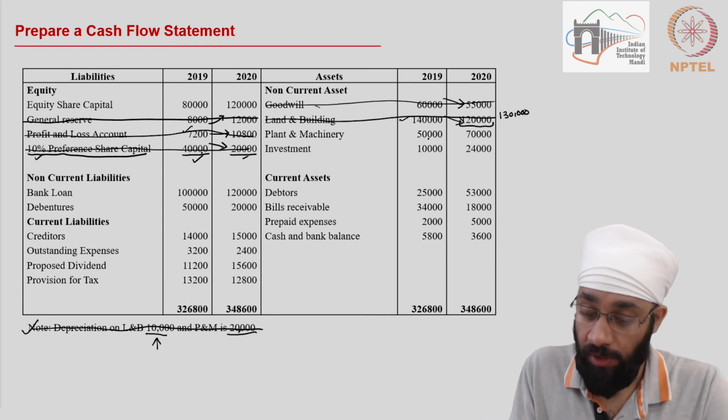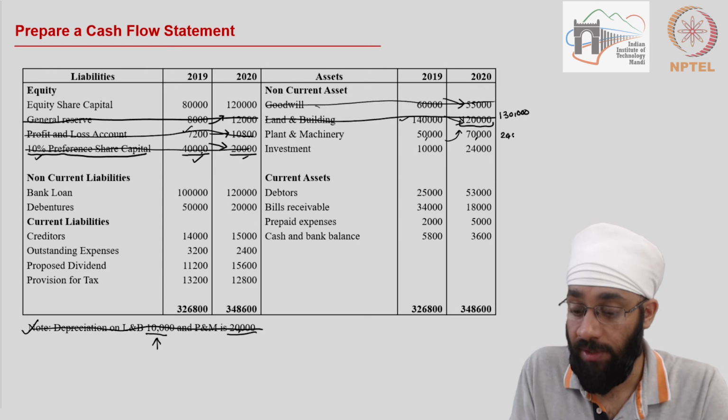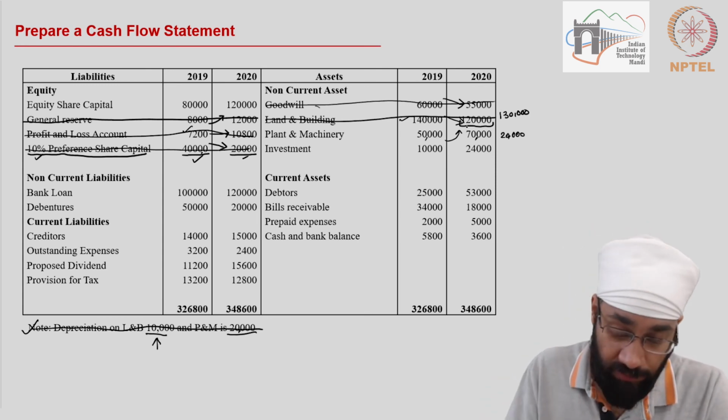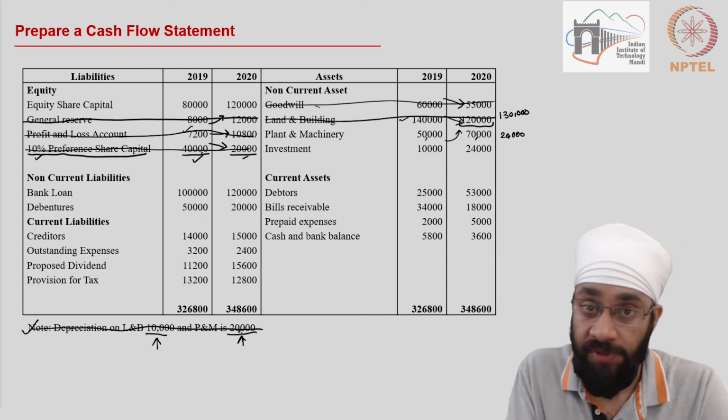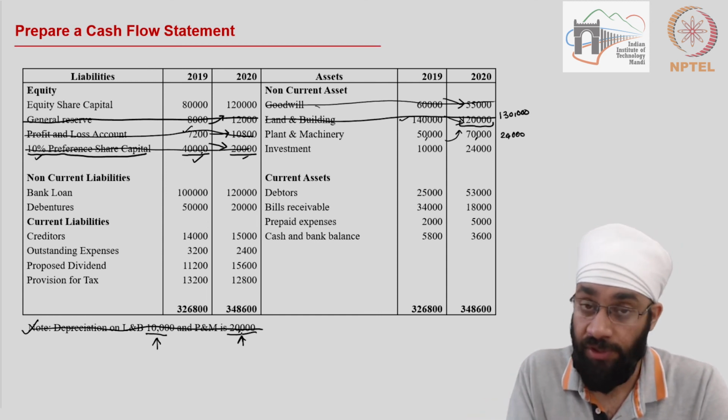Now plant and machinery were 50,000 at the beginning and 70,000 at the end. There is clearly an increase in the balance. So 20,000 rupees worth of increase, you could say this is a purchase. However, we also have information about depreciation, which says 20,000 rupees worth of depreciation was charged.